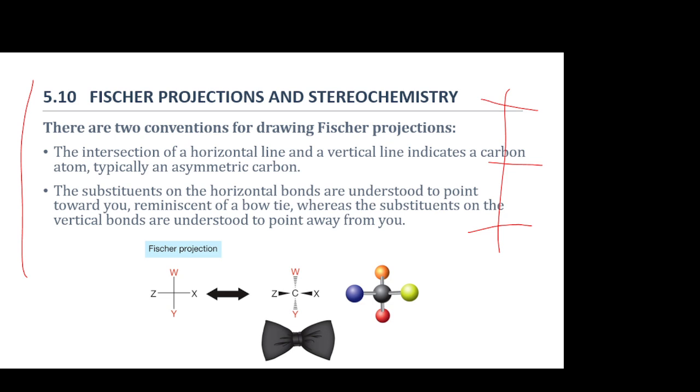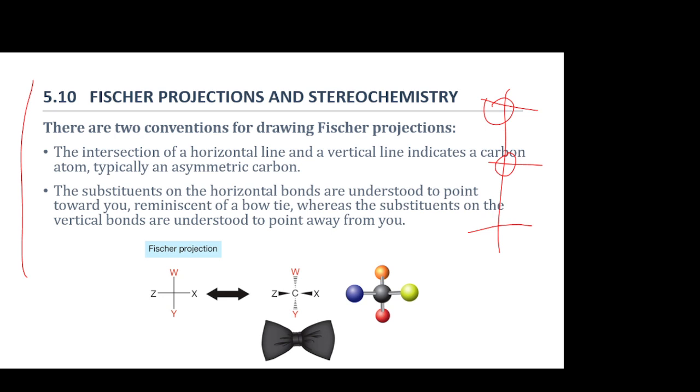So again, there's two different conventions for drawing the Fisher structures or projections. The intersection of your horizontal line and the vertical line is going to be a carbon atom. So where they intersect, that's a carbon atom. This is going to be typically an asymmetric carbon.